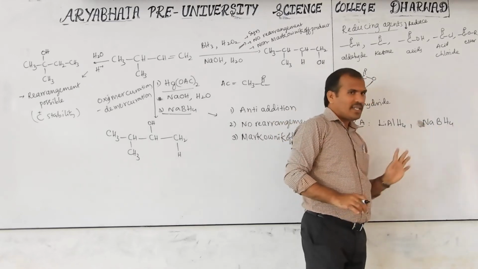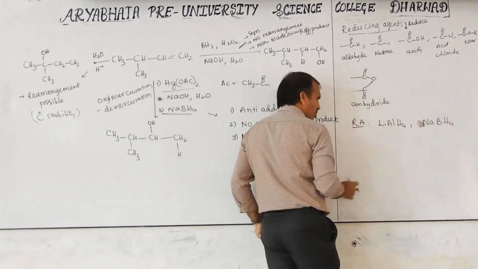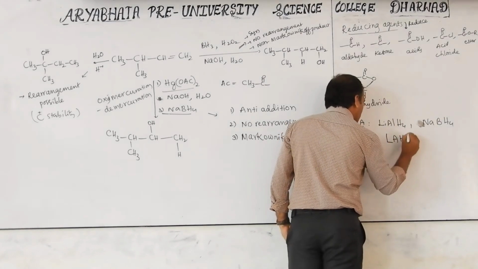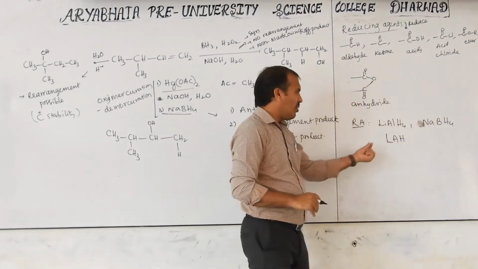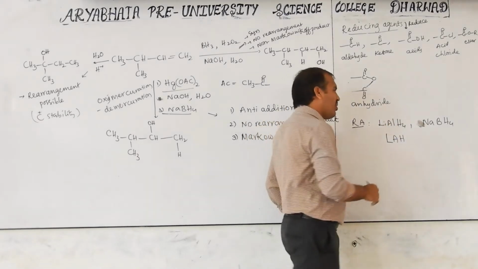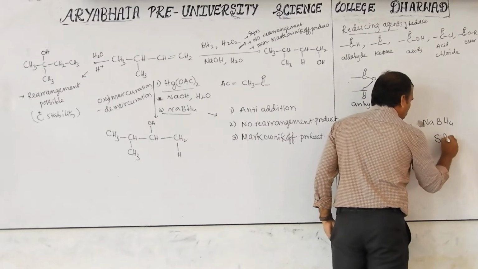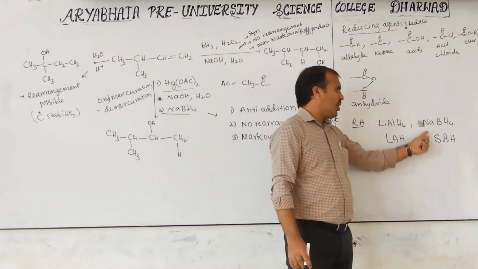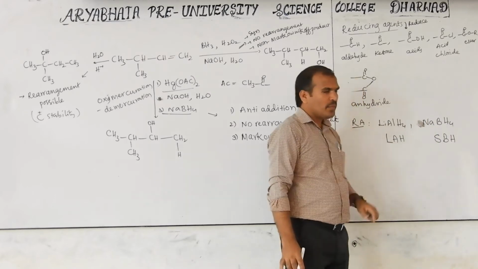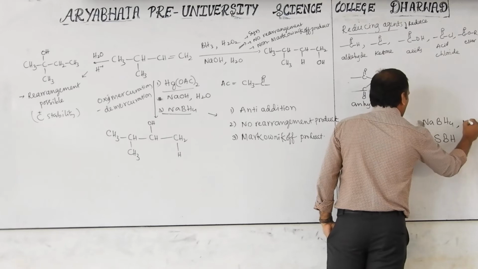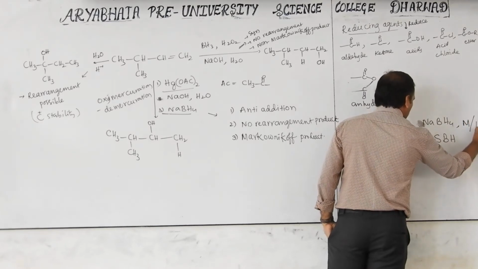Sometimes in reactions it is written as LAH, capital letters. L means lithium, A means aluminum, H means hydride. Sodium borohydride may be given as SBH. Sodium borohydride.